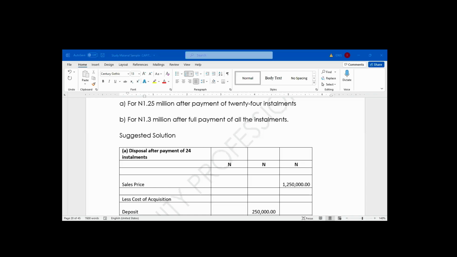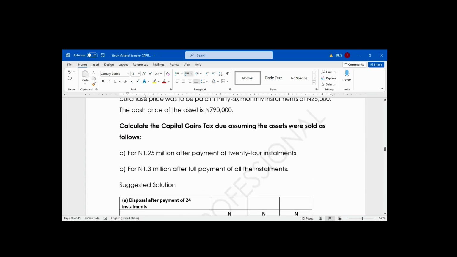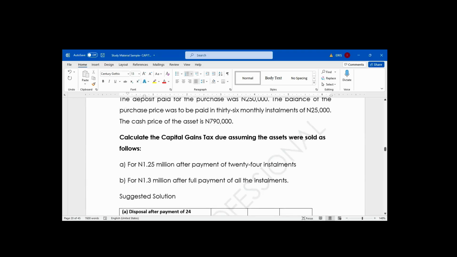Union Company purchased an asset on hire purchase. While looking for the Excel template, let me start explaining it from the word. I will still check the Excel template so that I can send it to you.